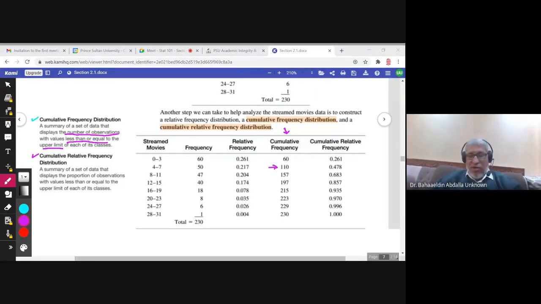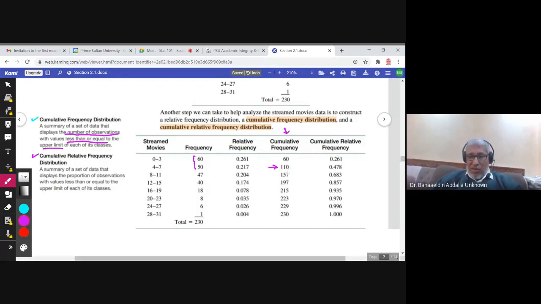From 4 to 7, all of them are also less than or equal to 7. So if you add 60 plus 50, you will get the number of observations that are less than or equal to 7. So 60 plus 50 will give you 110.